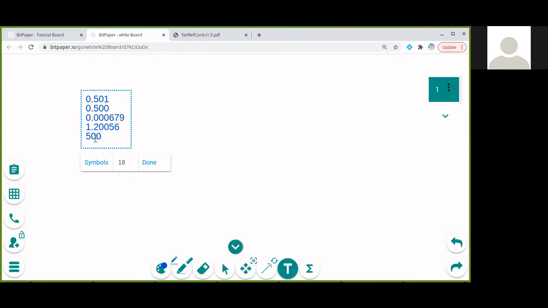What about if this is a measured value, for example, 500 meters? It will be 3. For a measured value, the 0 is significant, therefore 500 meters has 3 significant figures.